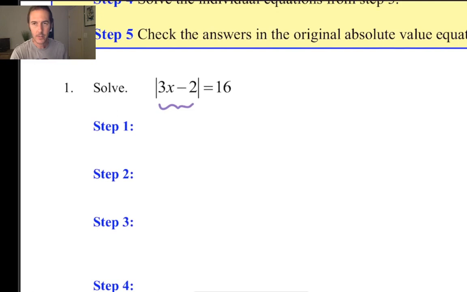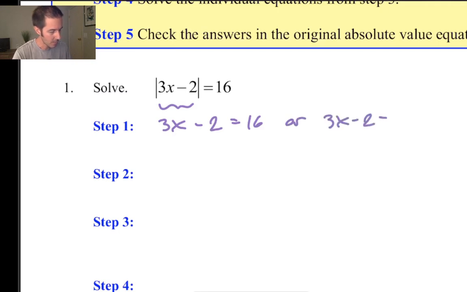I need for the stuff inside these absolute value bars to equal either 16 or -16. So 3x minus 2 needs to equal 16, or 3x minus 2 needs to equal -16. That's some pretty reasonable, straightforward thinking, I would say.